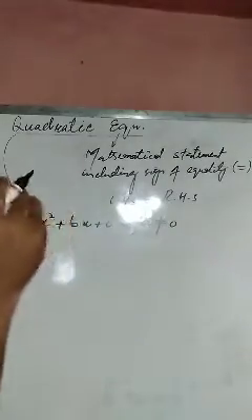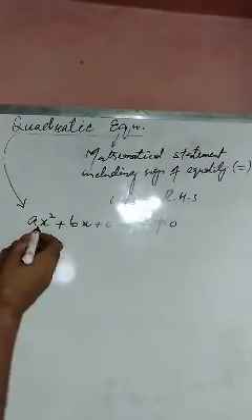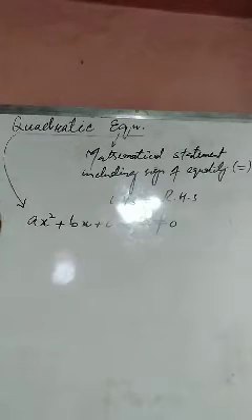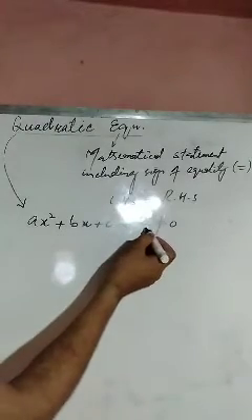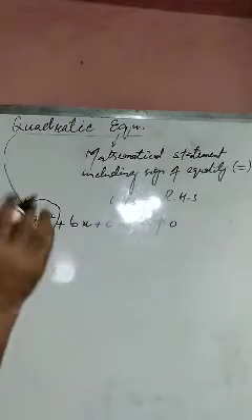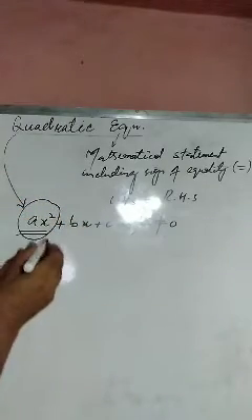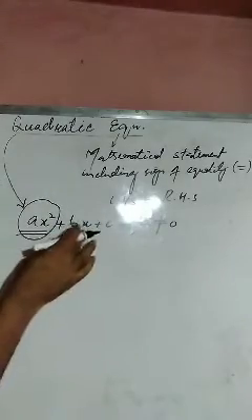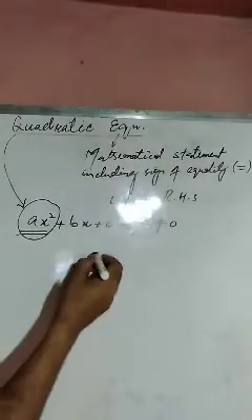Now students, why is there the condition that a is not equal to 0? Because if we put a equal to 0 in this equation, then it will not remain a quadratic equation, because the term ax square will be equal to 0. So it will remain a linear equation in one variable, that is bx plus c equal to 0.